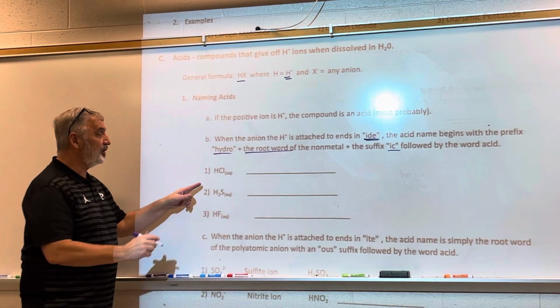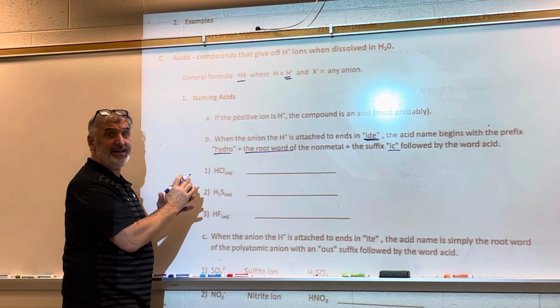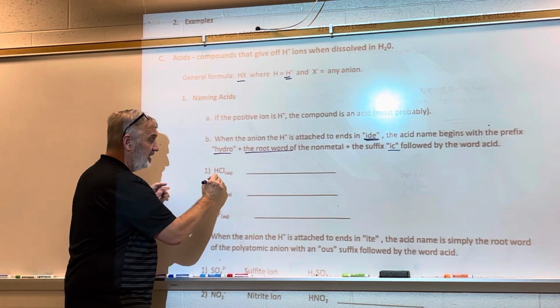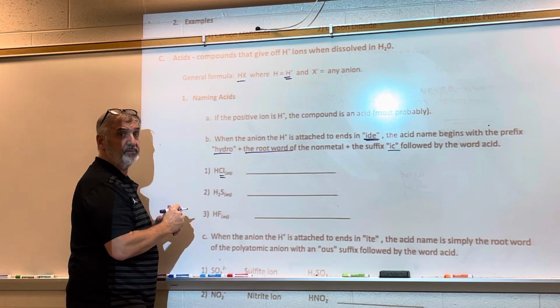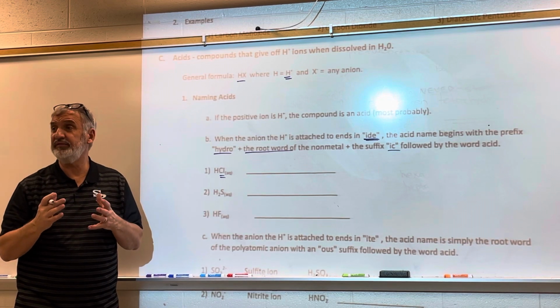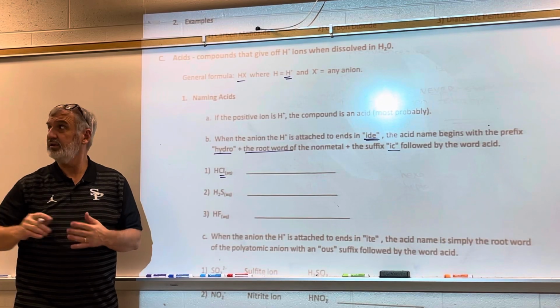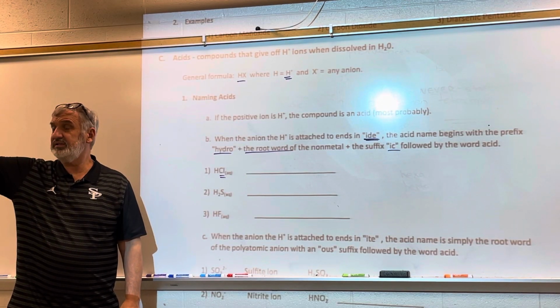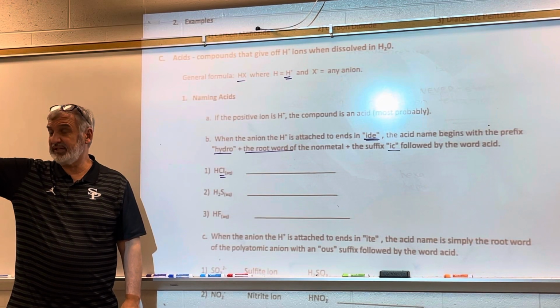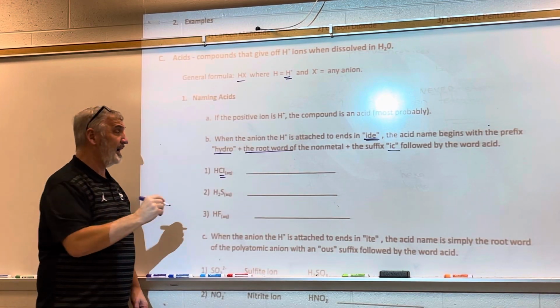So I'm going to look here. I want to name this. The first thing I'm going to do is look at the anion that the hydrogen is attached to. What is the name and charge of Cl, the ion? It's -1, and it's going to be named chloride.